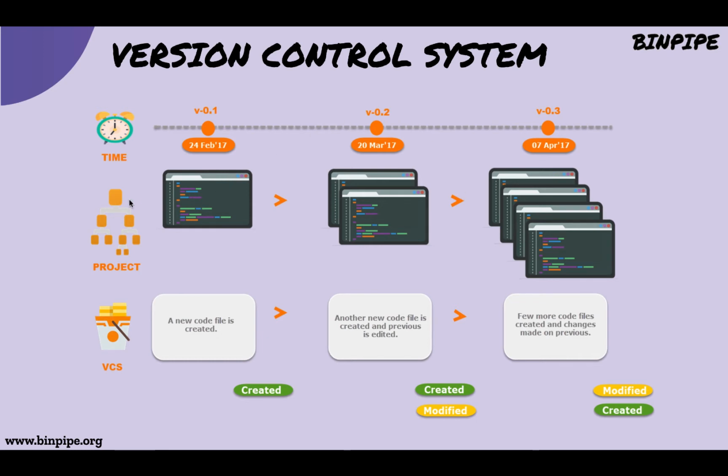Here you can see this depicts the essentials of a version control system. Let me explain. First of all, imagine you have a project in place, a software project. We are talking about a software project, which essentially means a bunch of code.